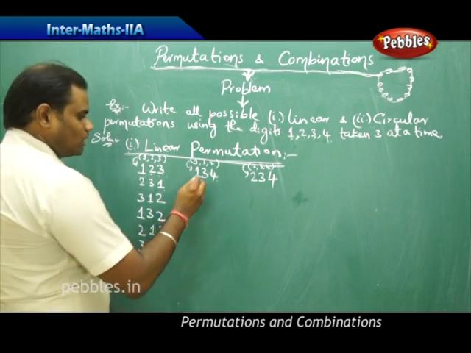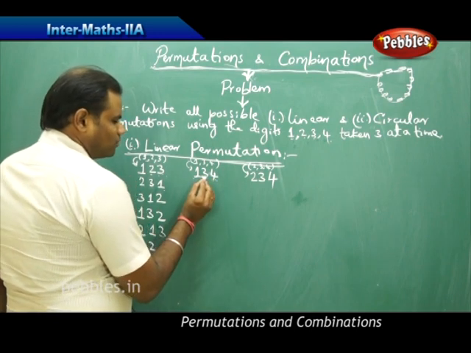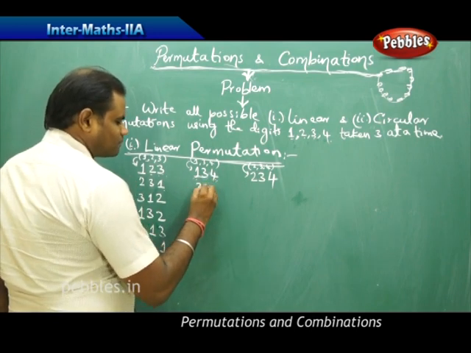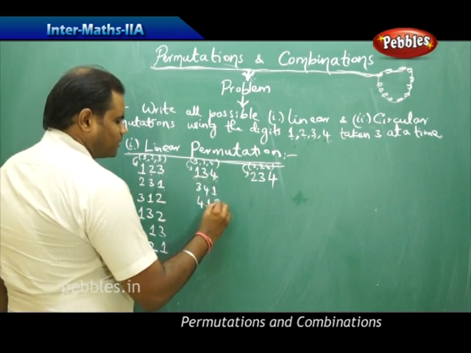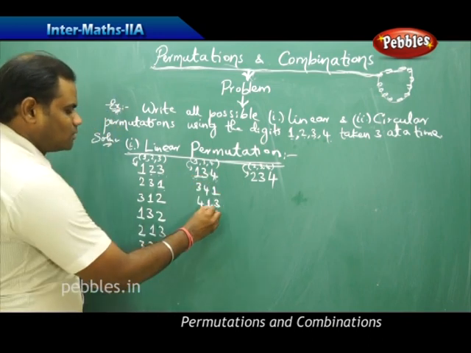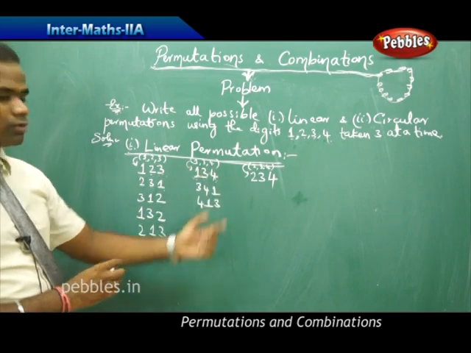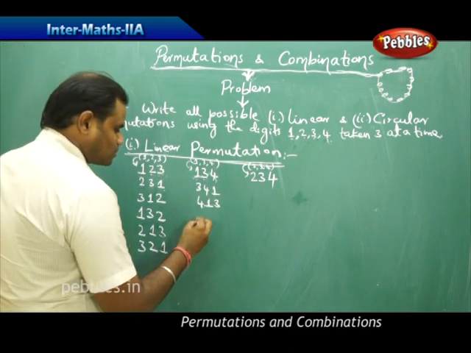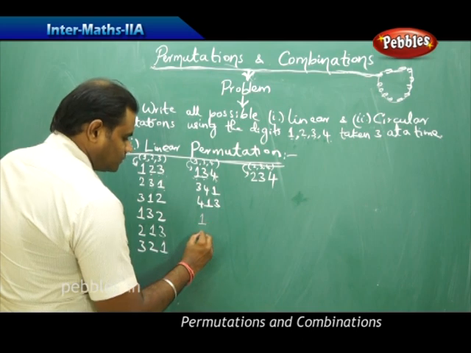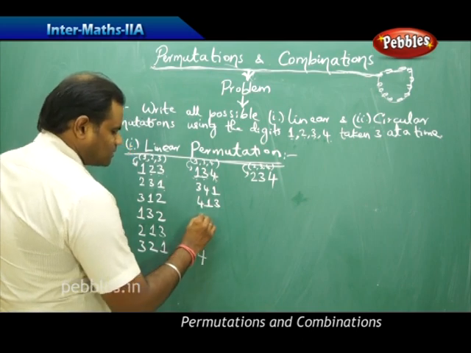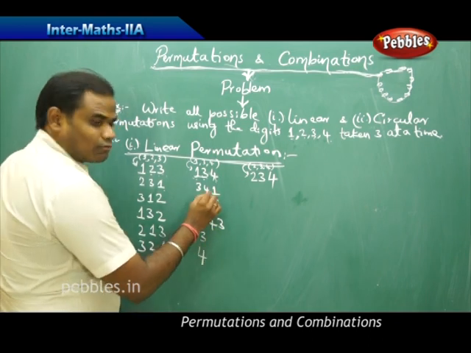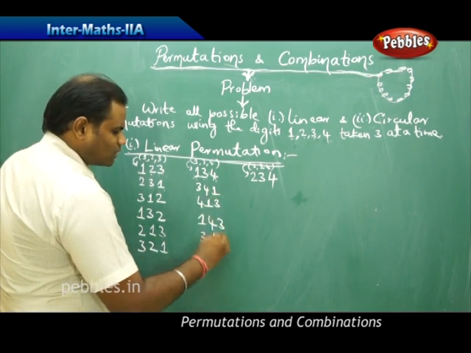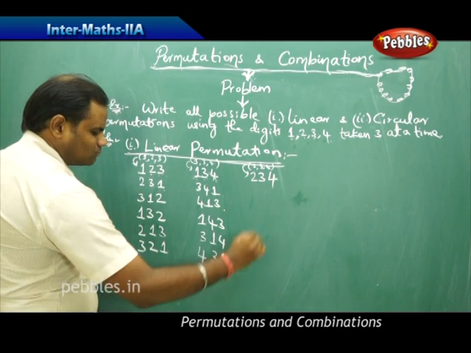Similarly, for 1, 3, 4, the next are 3, 4, 1 and 4, 1, 3, and interchanging the last 2 digits, 1 is fixed, but the last 2 digits 3, 4 become 4, 3, and 4, 1 becomes 1, 4, and 1, 3 becomes 3, 1.